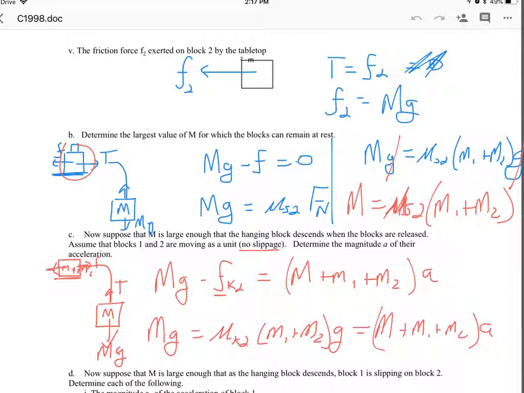All right, so I'm going to basically open another page and write out the final solution. I'm sure you guys can see what's happening. You just divide both sides by the sum of the masses.